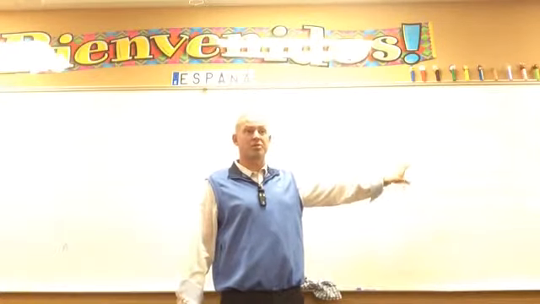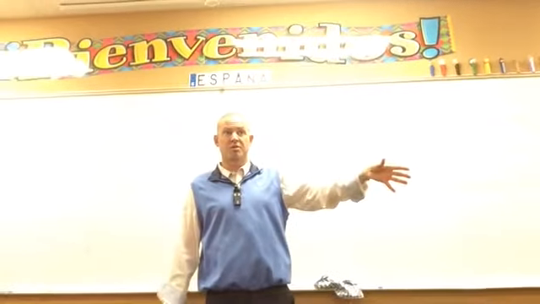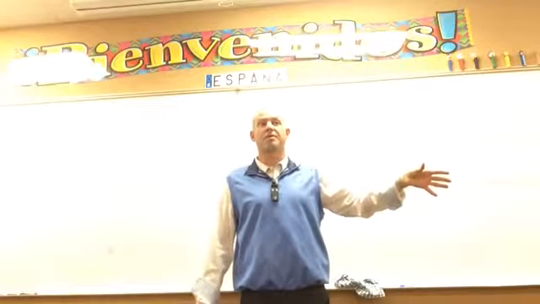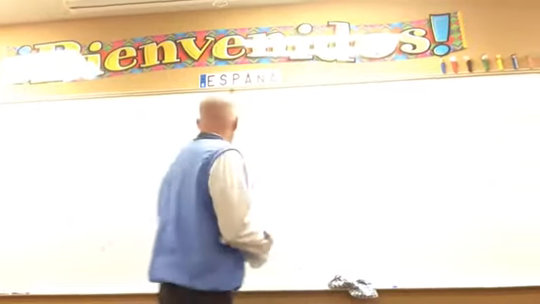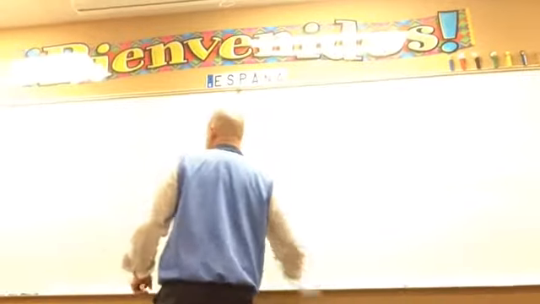That is an IOP. We're going to shift gears and go over and do direct object pronouns. Okay, so in direct object pronouns, they're very similar to indirect object pronouns.